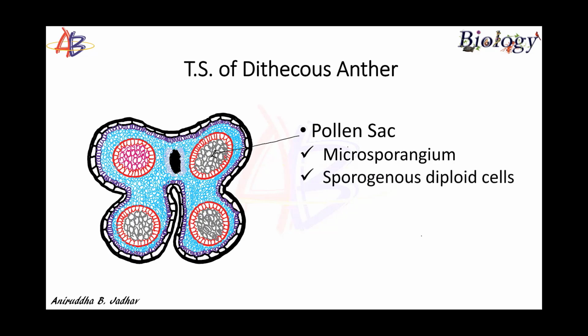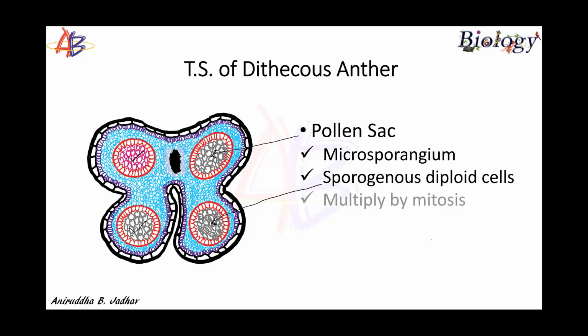In immature anther, a group of compactly arranged sporogenous diploid cells occupies the center of each pollen chamber. Basically, tapetum encloses these sporogenous cells.